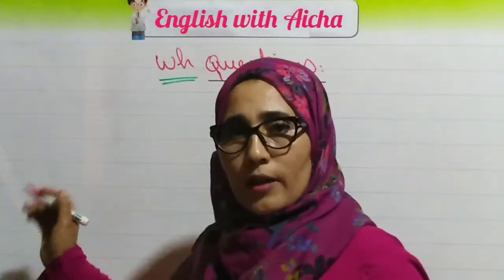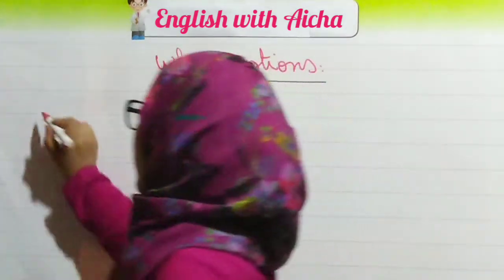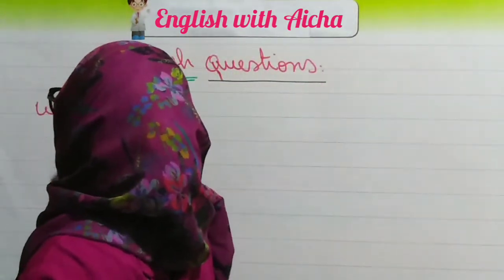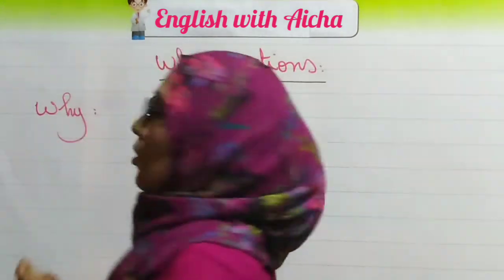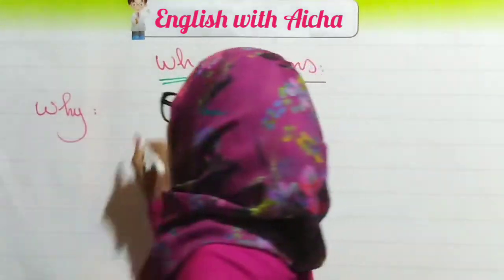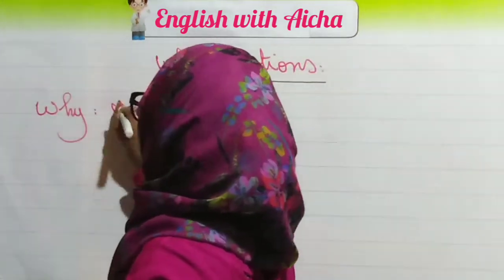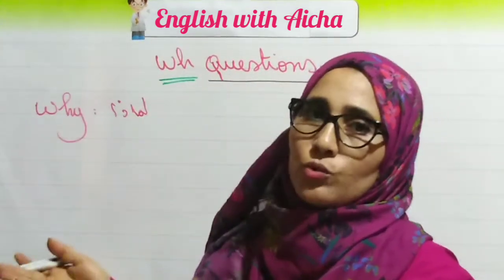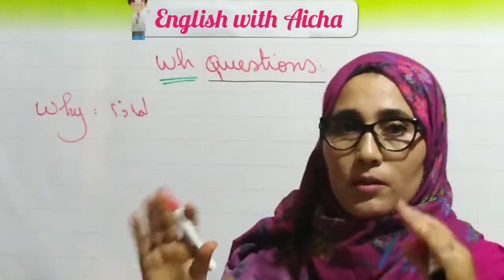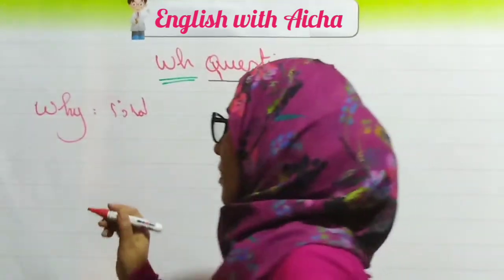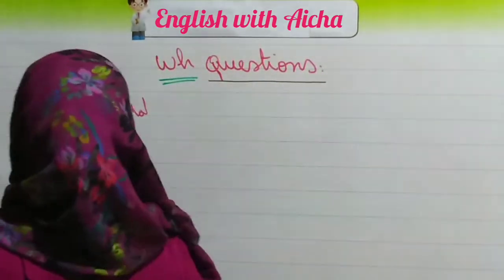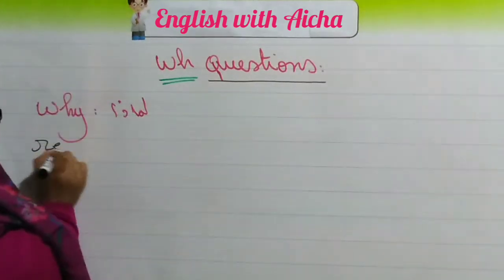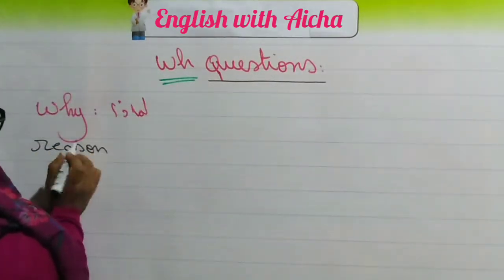Okay? Then we have the last WH word, which is why. So why means why. If you want to know the reason behind something. So the reason why, it's used for the reason.